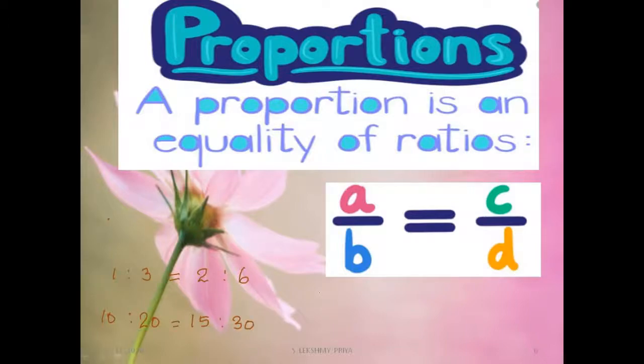Or we can say that the numbers 1, 3, 2 and 6 are in proportion, and the numbers 10, 20, 15 and 30 are in proportion.